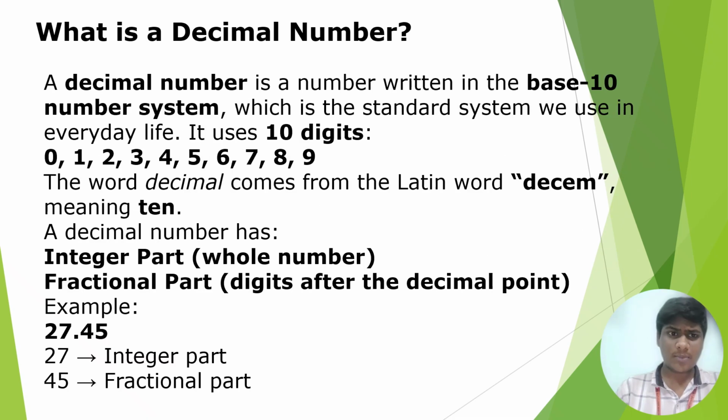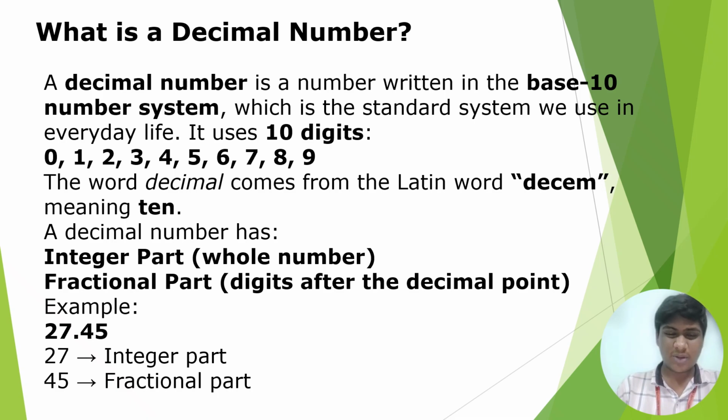What is a decimal number? A decimal number is a number written in the base 10 number system, which is the standard system we use in everyday life. It has 10 digits, 0 to 9. The word decimal comes from the Latin word decim, meaning 10.